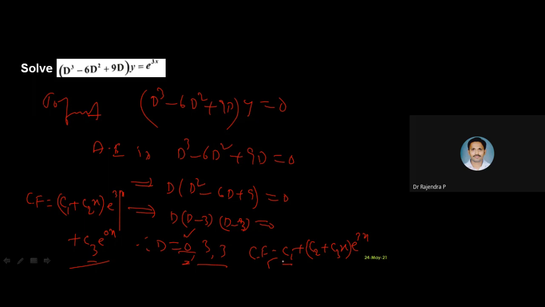Then the remaining two roots are equal, so we make them a group: C2 plus C3x, e power 3x. Whether you write it this way or that way, both results are correct. Anyway, because a case is coming here, that is the reason I kept it in this way.